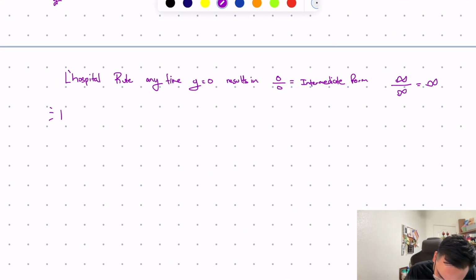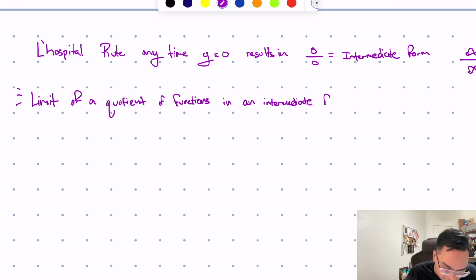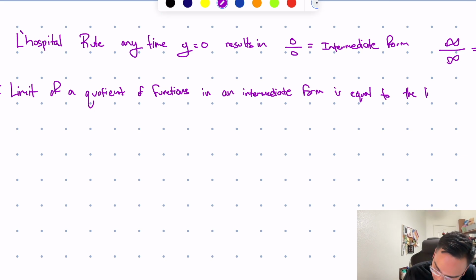So the rule that he created is that the limit of a quotient of functions in an indeterminate form is equal to the limit of the quotient of their derivatives.